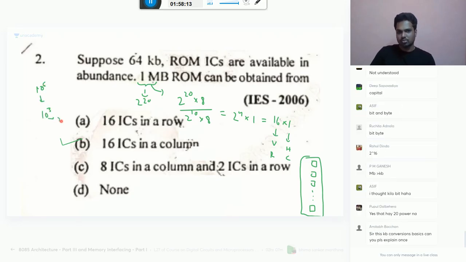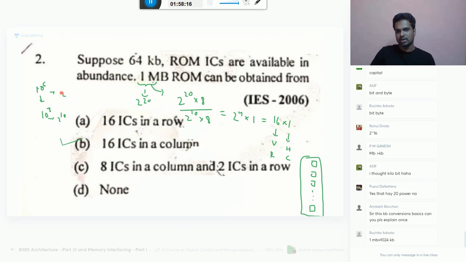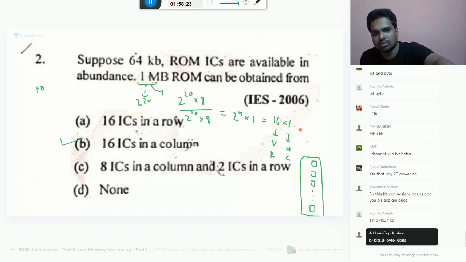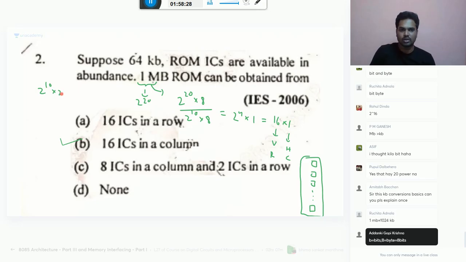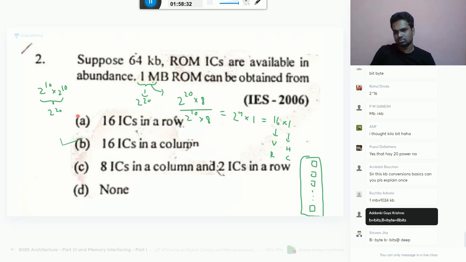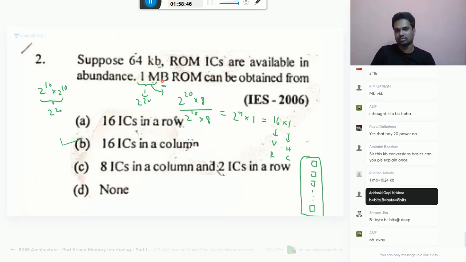That will give you approximately 2 power 10. So 10 power 6 will give you approximately 2 power 20. 1 KB into 1 KB is 1 MB. That is 2 power 10 into 2 power 10 will give you 1 MB. This B is bytes. By default, nothing specified. B is bytes only. Capital B or small b, don't worry. If it is B, it is bytes only.